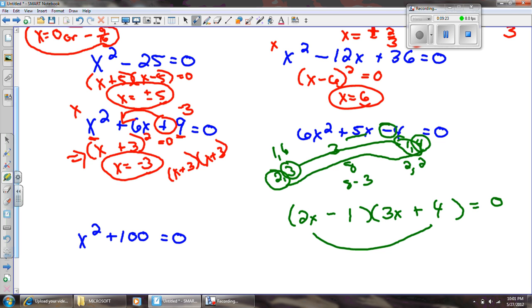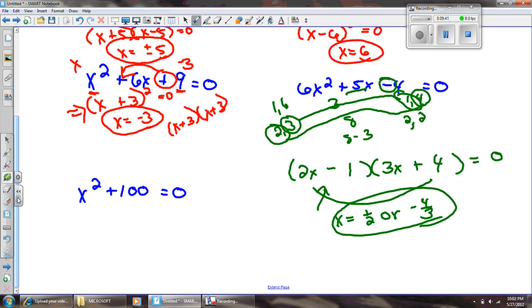That equals 0. So, solving the first one, x would equal 1/2. And the second quantity will give me negative 4/3. I did that rather quickly because I know a shortcut. If you haven't figured out the shortcut yet, write down 3x plus 4 equals 0 and 2x minus 1 equals 0 and solve them both.